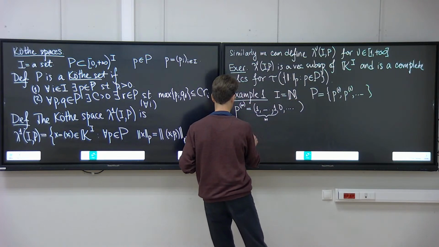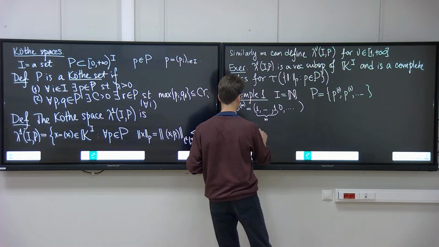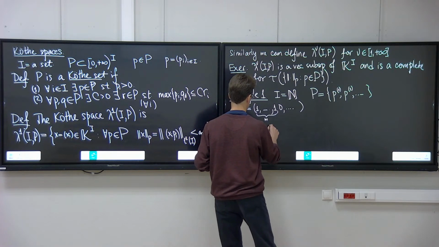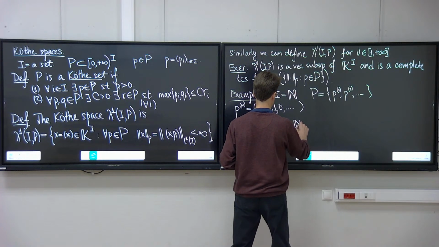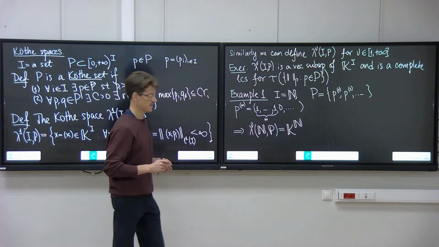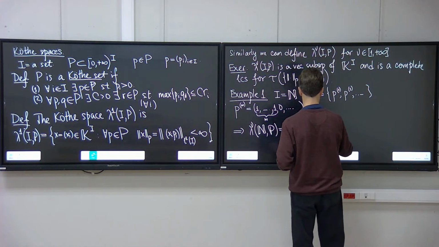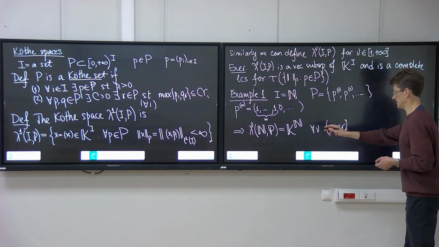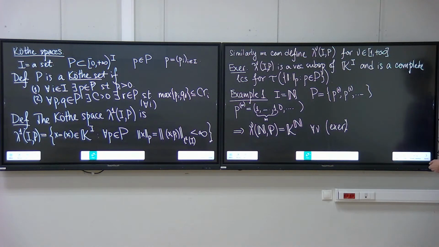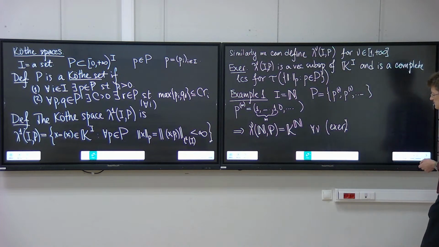Then I claim that the respective Curtis space lambda nu of N, P is nothing but the set of all sequences equipped with the standard product topology. This is a simple exercise. Note that it doesn't depend on nu. So the seminorms are different, but the topology doesn't depend on the choice of nu.